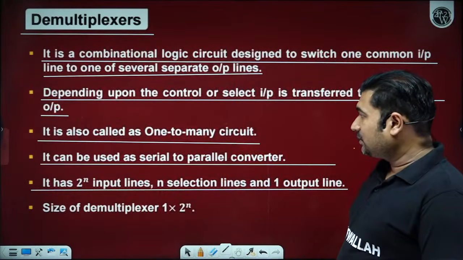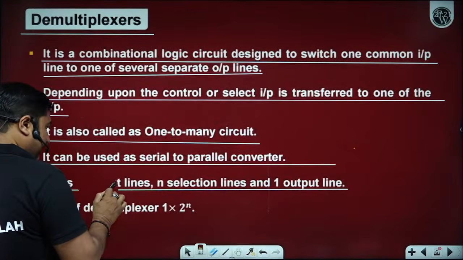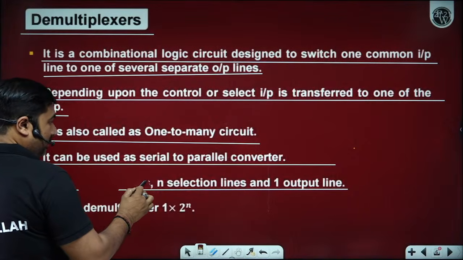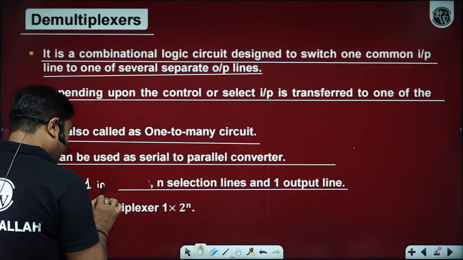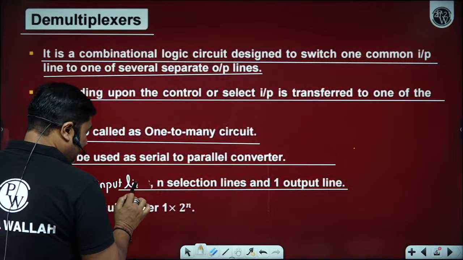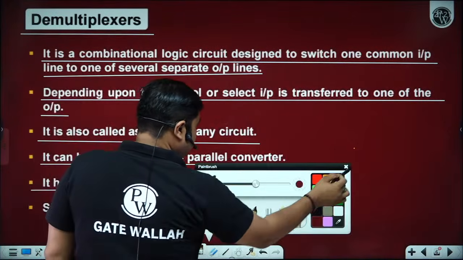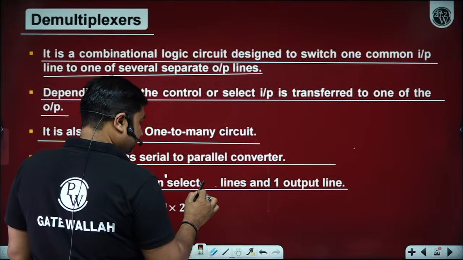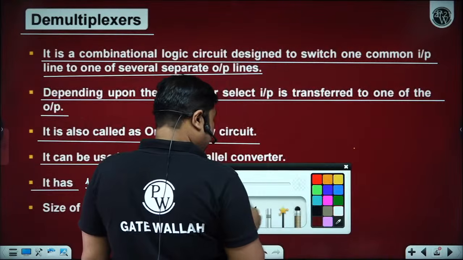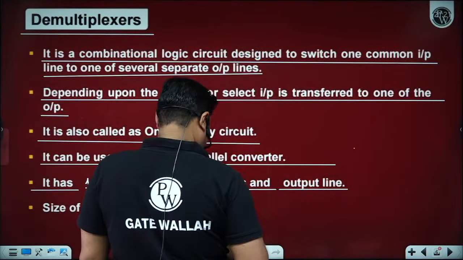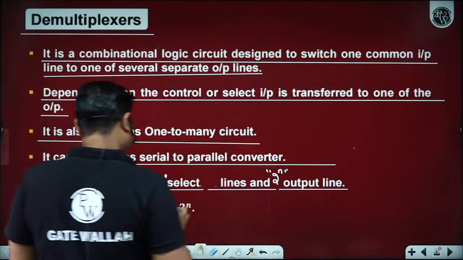It has 2 to the power, it has only one input line. I'm sorry for this, there is a misprint. It has one input line, n select lines, and 2 to the power n output lines.